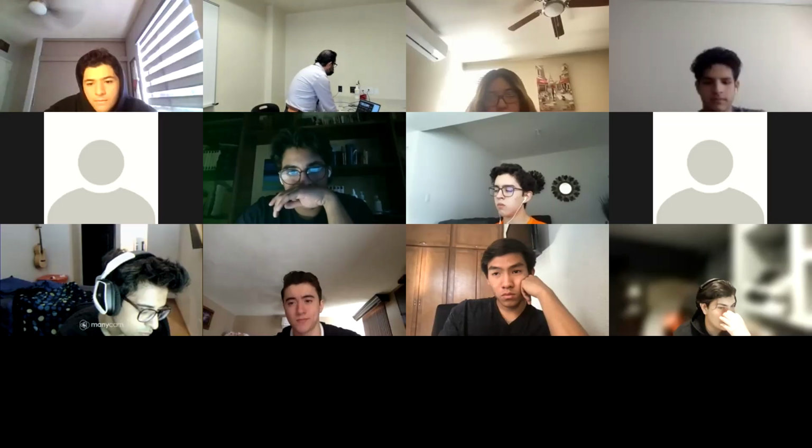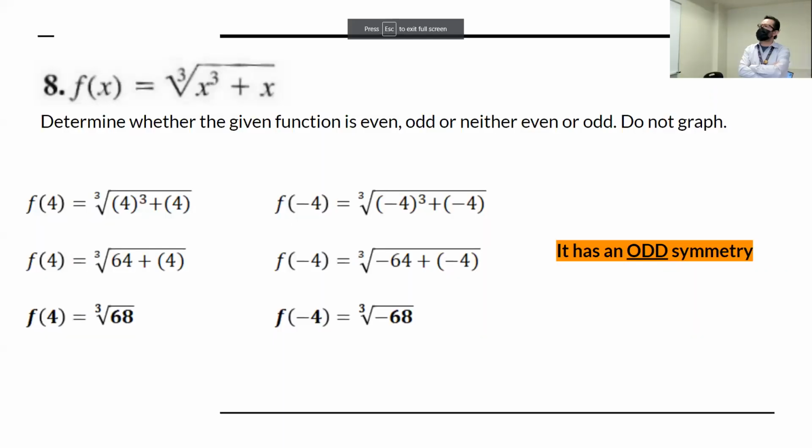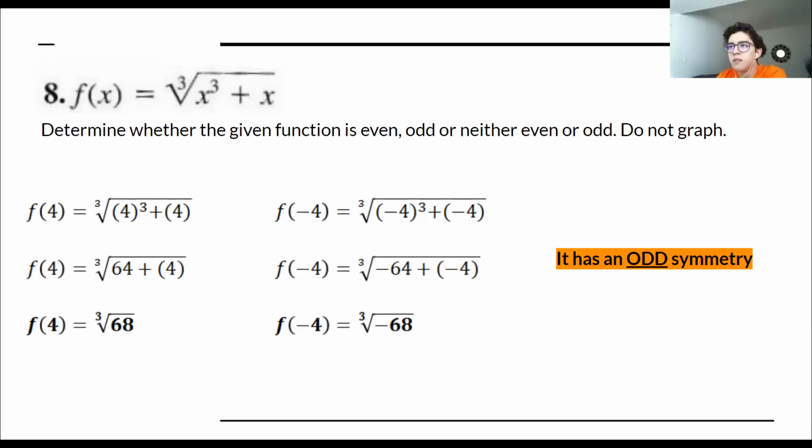Good job, you guys. Remember, if anybody has any questions, we'll stop and answer them. Let's see, the next one. Problem 8 has the same instructions, and we have f of x equal to the cubic root of x to the 3rd power plus x.